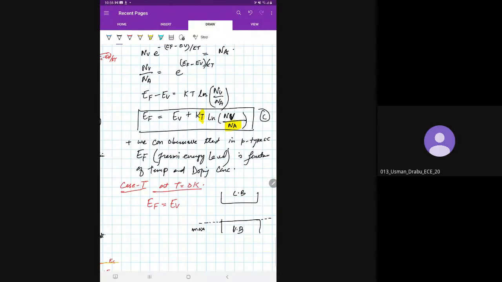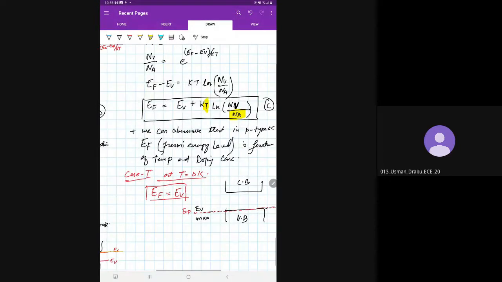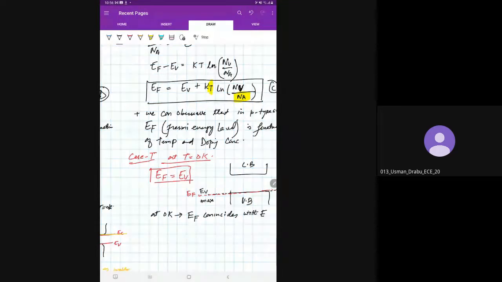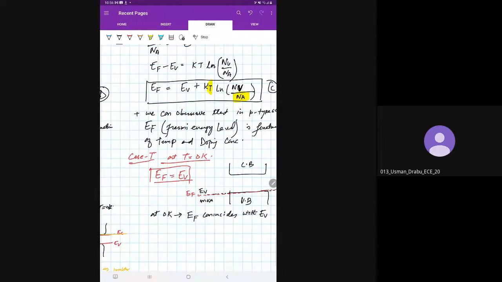So when T is equal to 0 Kelvin, it means that EF coincides with your EV. So this is EF, and using black lines it was EV. So we can say that at 0 Kelvin, EF coincides with EV, the energy of the valence band.